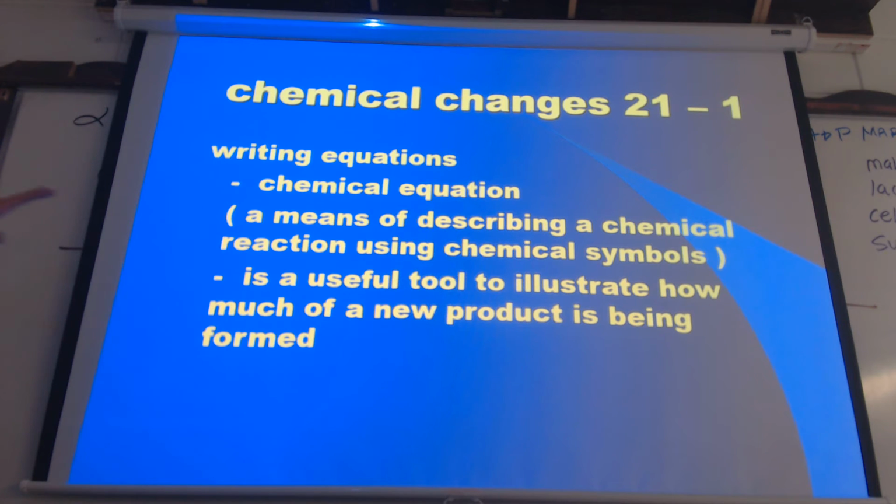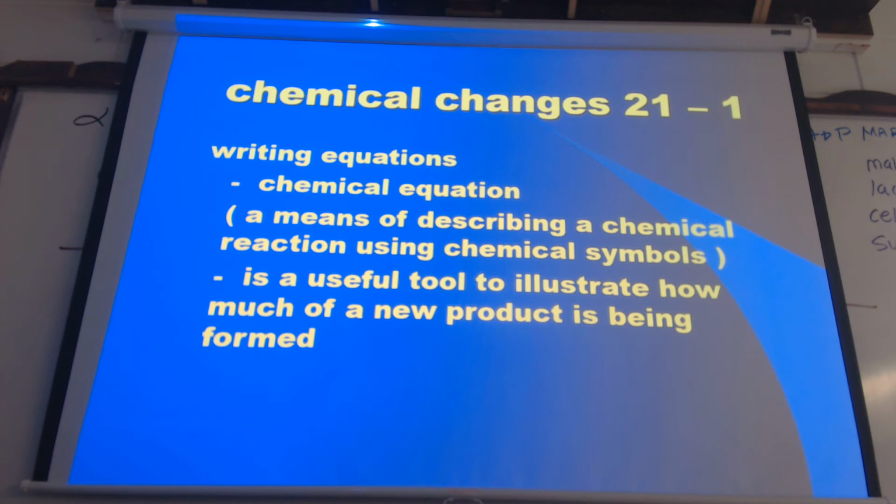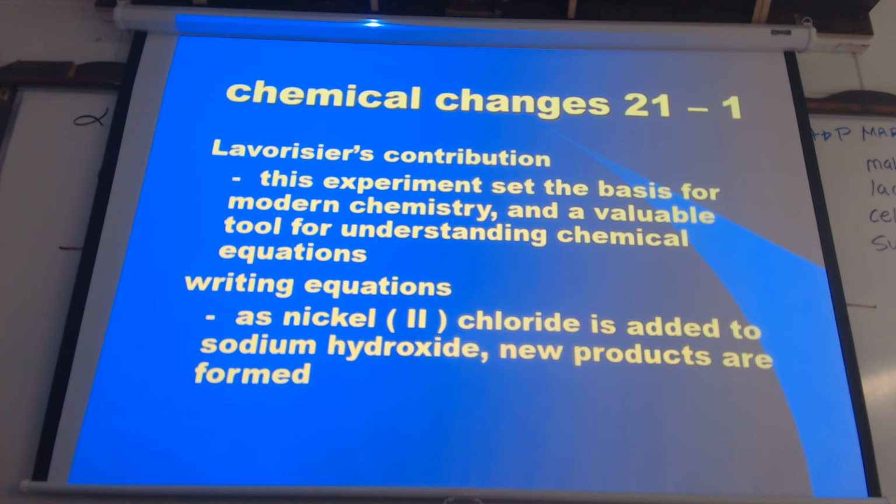Okay. Does everyone have this? Got it? Okay, so I just need to look at that again. Nickel 2 chloride, sodium hydroxide.